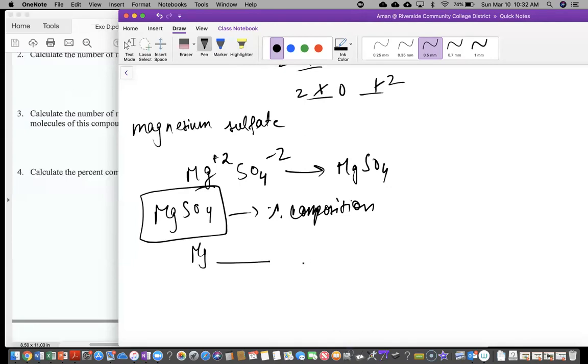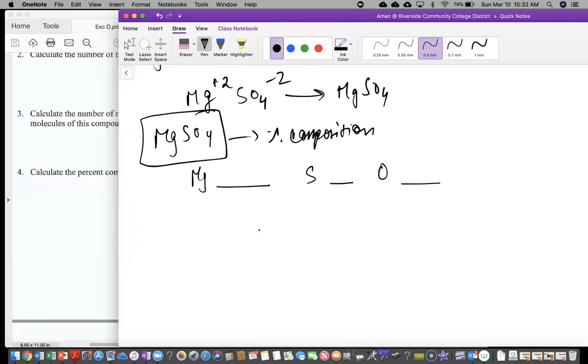Then sulfur has how much weightage, and then oxygen has how much weightage out of the whole thing. So Mg is contributing how much mass to the whole thing, sulfur is contributing how much to the whole mass, oxygen is contributing how much to the whole mass.